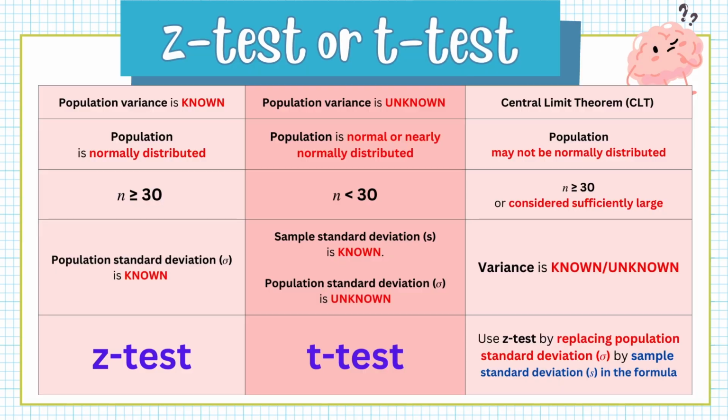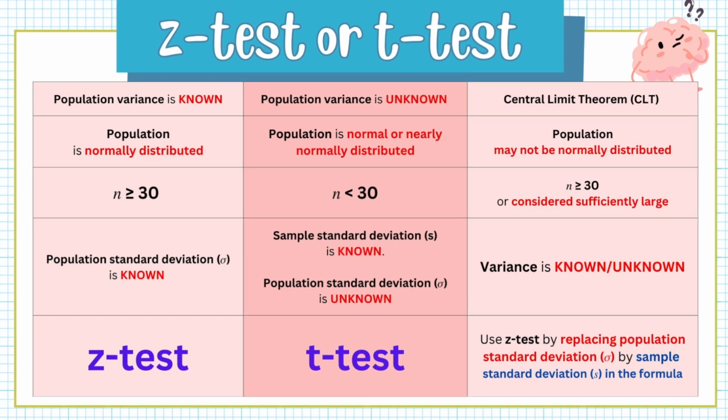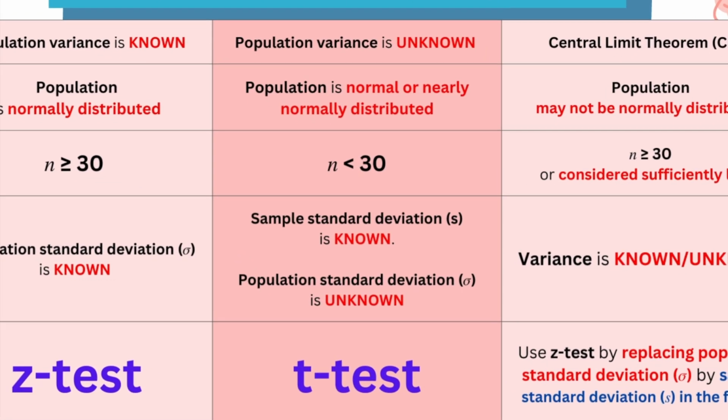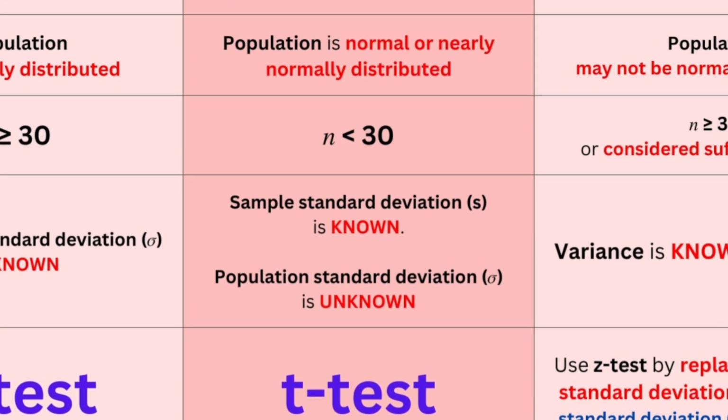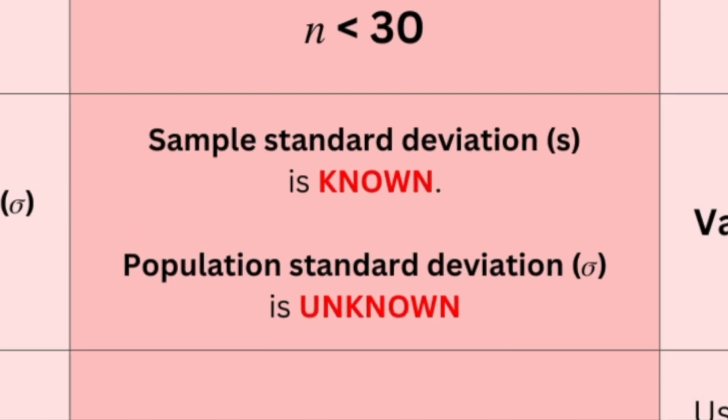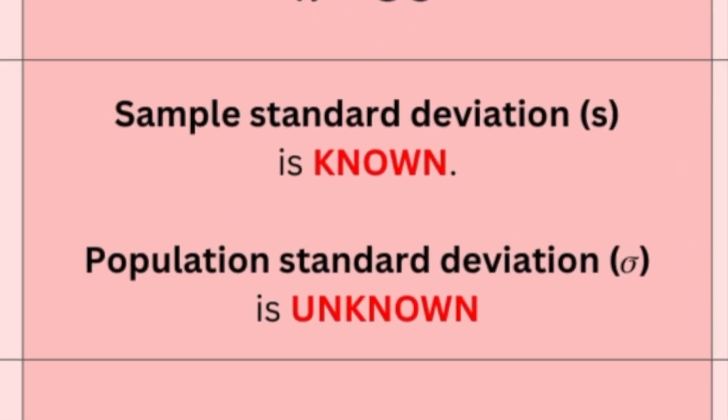If the sample size is less than 30, then we are going to use t-test. But we are going to consider these two also: the sample standard deviation is known, while the population standard deviation is unknown.